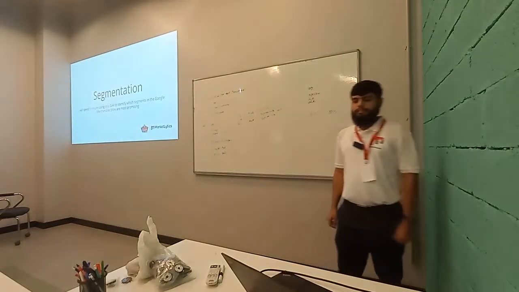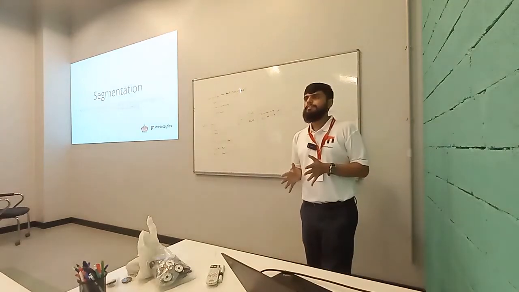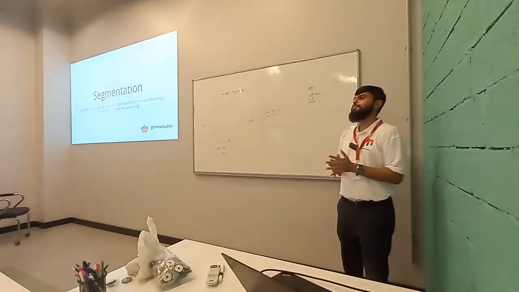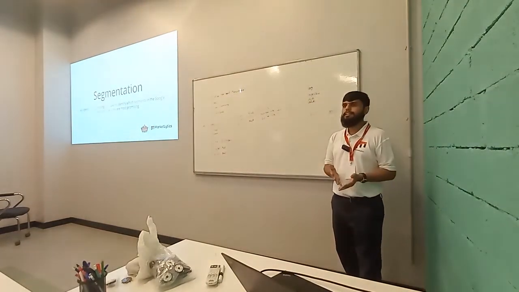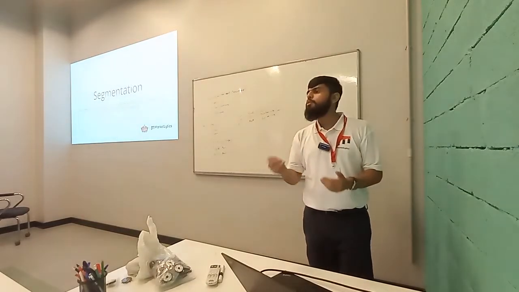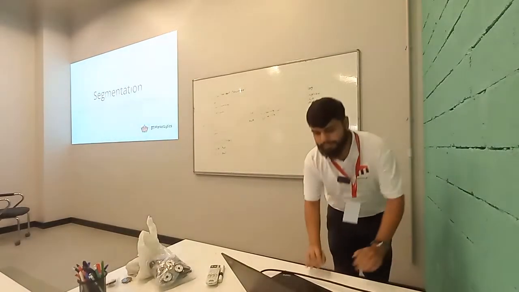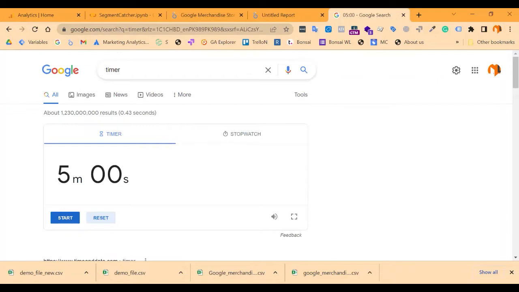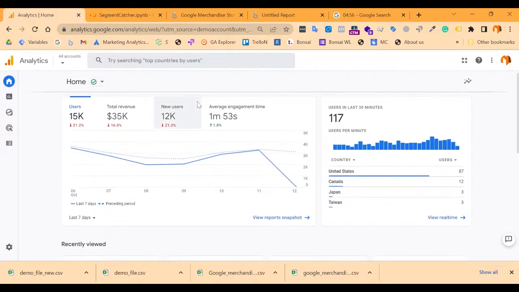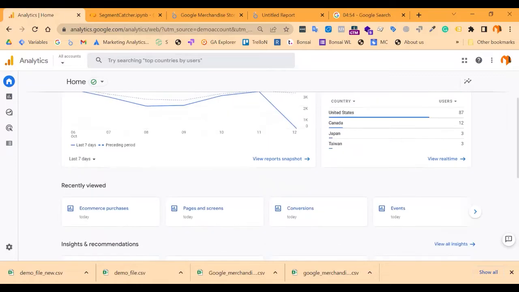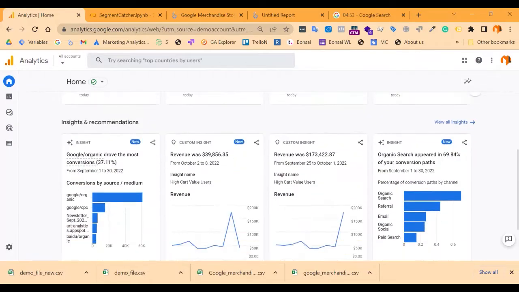So segmentation. Now I will share my screen and try to use GA4 to identify potential segments on the Google Merchandise Store demo account. My objective here is to use GA4 to identify promising segments in the Google Merchandise Store demo account. So I come on the home page.